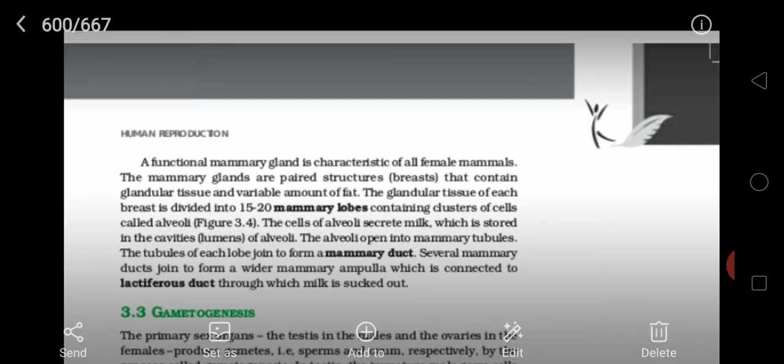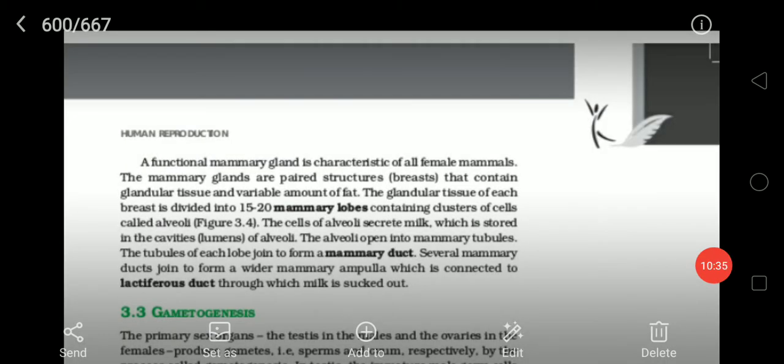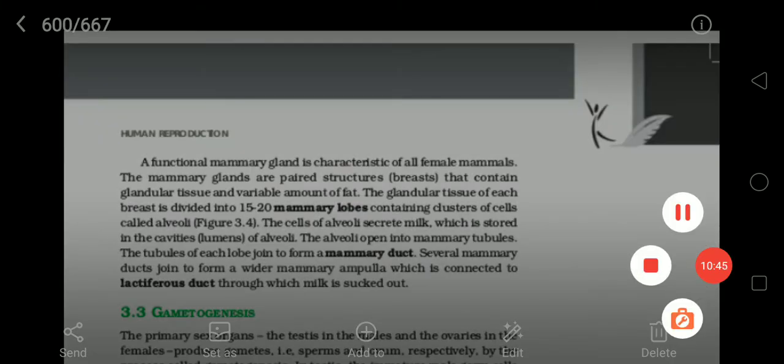They contain clusters of cells called alveoli. The cells of alveoli secrete milk which is stored in the cavity of alveoli. The alveoli open into mammary tubules. The tubules of each lobe join to form a mammary duct. Several mammary ducts join to form a wider mammary ampulla which is connected to the lactiferous duct through which milk is sucked out.